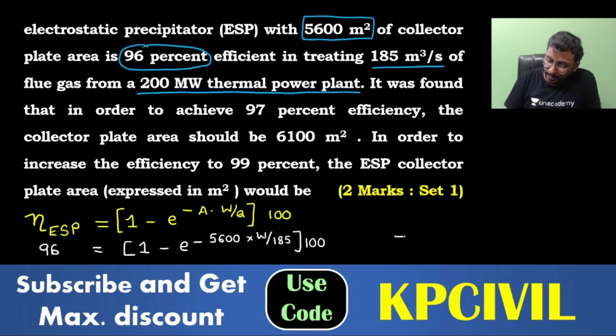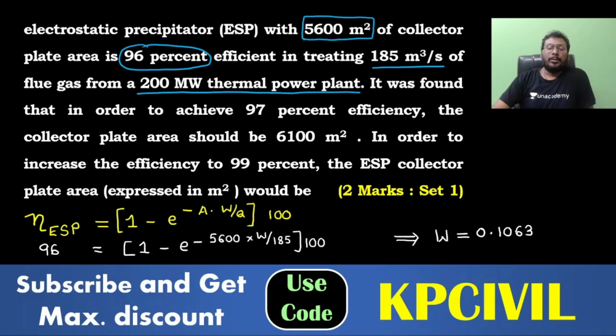W is not given, you are going to determine W from this. W is equal to 0.1063. We'll continue. Next question will continue.